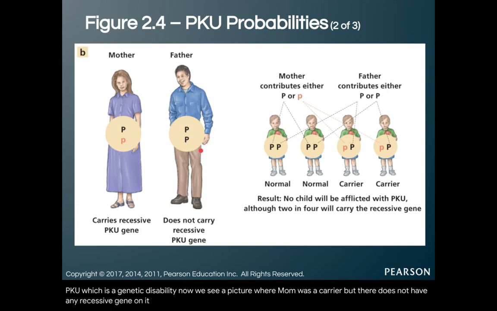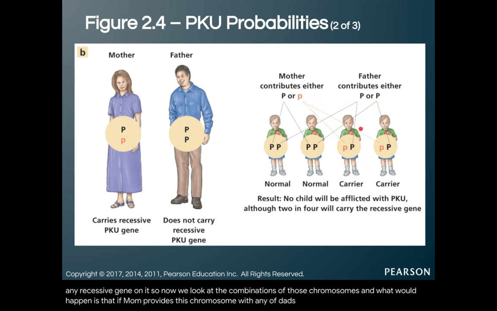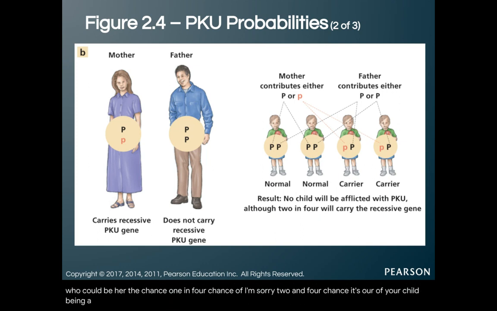So now we look at the combinations of those chromosomes, and there's a 2 in 4 chance of your child being a carrier. So they won't be sick, but they'll carry it into the future.